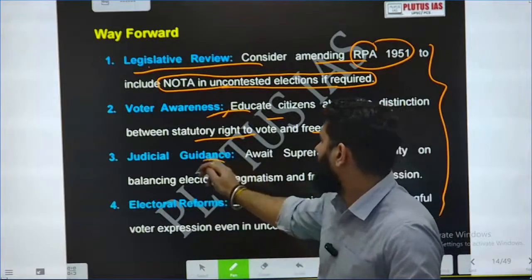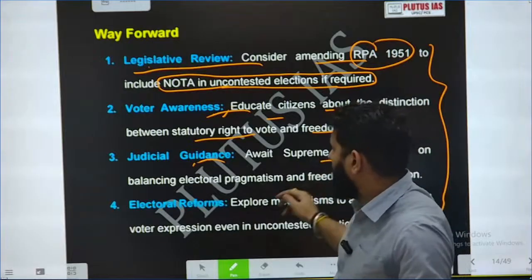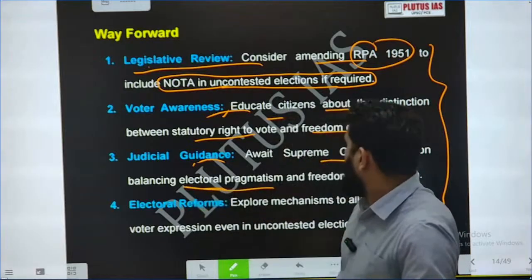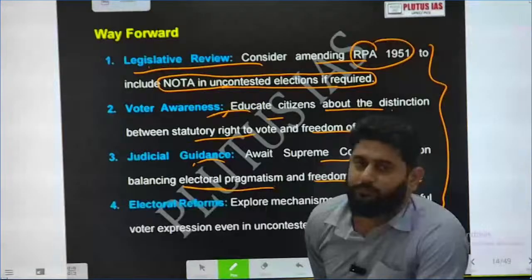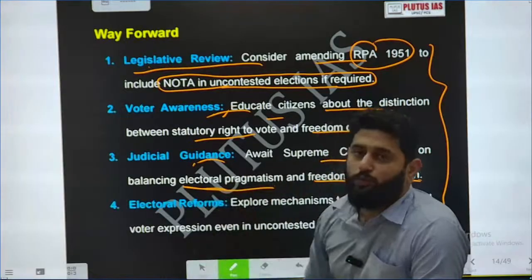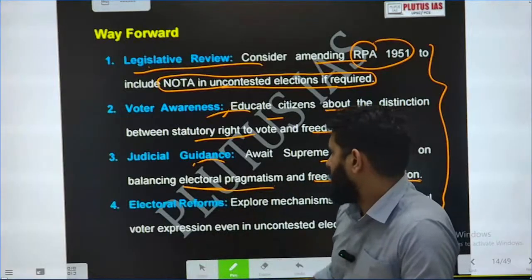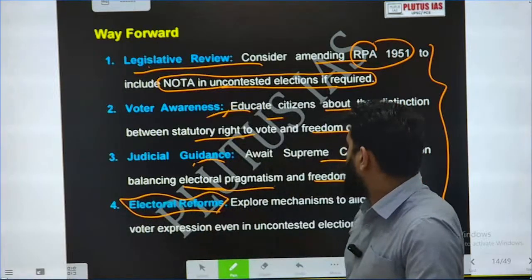Now, the judicial guidance. Await Supreme Court clarity on balancing electoral pragmatism and freedom of expression in this case, because we also want the Supreme Court's view on this scenario or these loopholes. Another is electoral reform.